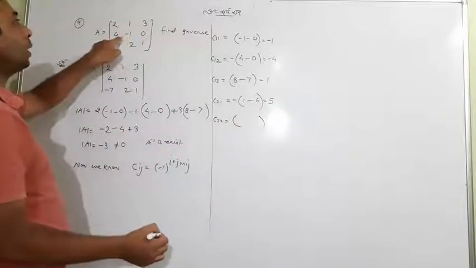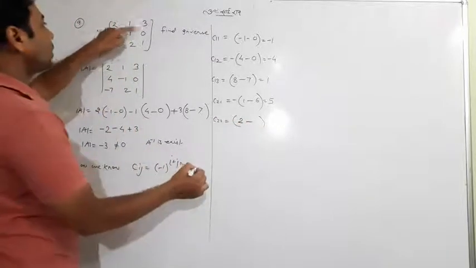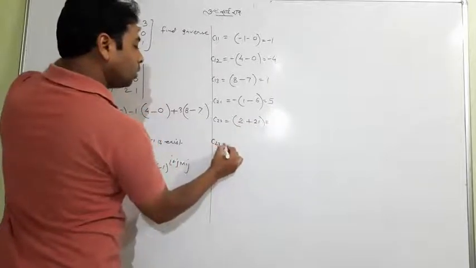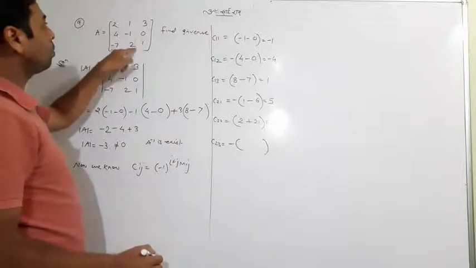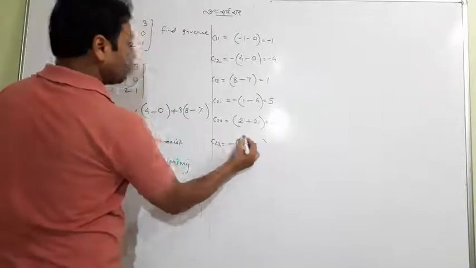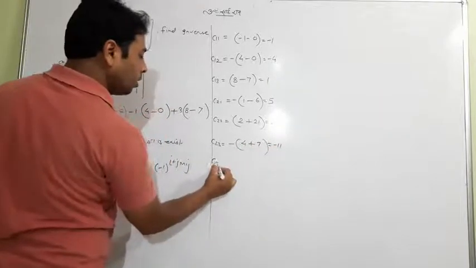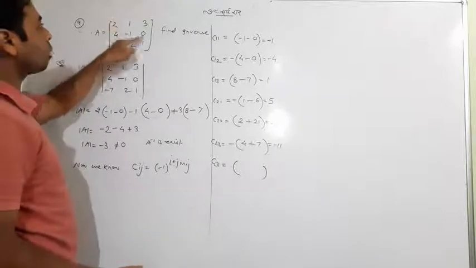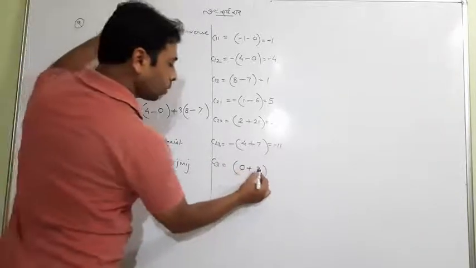So cofactor of minus 1, these two drop, 1 2s are 2, minus 21 plus 21. So answer is 23. C23, itself negative sign. So cofactor of 0, these two dropped, 2 2s are 4, 7 1s are 7, minus 7 plus 7. C31, positive sign, cofactor of minus 7, these two dropped, 0 into 1, minus 3 1s are 3 plus 3.